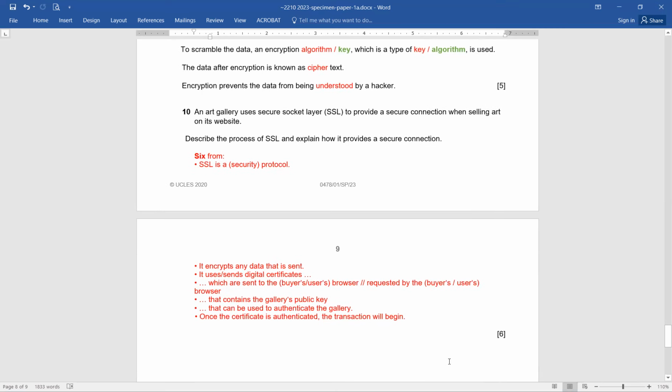So if you remember, first thing is SSL is a security protocol, as the name itself implies, secure socket layer. It encrypts the data that is sent. It sends the digital certificate to the buyer's or the user's browser. It contains the gallery's public key that can be used to authenticate the gallery. Once the certificate is authenticated, the transaction will begin.